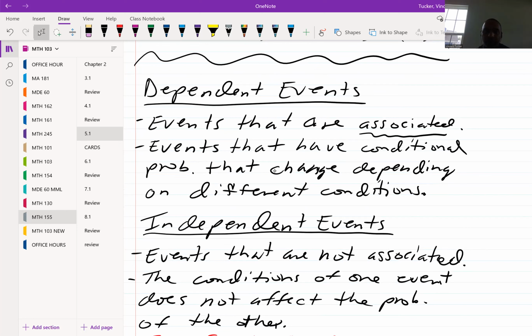Dependent events are events that are associated, or in other words, events that have conditional probability that changes depending on the different conditions. Independent events are not associated, and the condition of one event does not affect the probability of another.